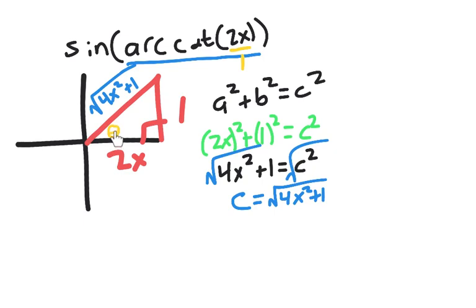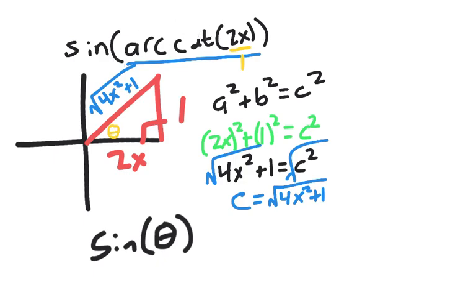I actually did not know what the angle is, but what it would report back is this theta. So the arc cotangent of 2x over 1 is this angle right here that I have drawn. Whatever the angle is, even though I don't know the specifics, I can still call it theta. And now I want to find sine of that theta.